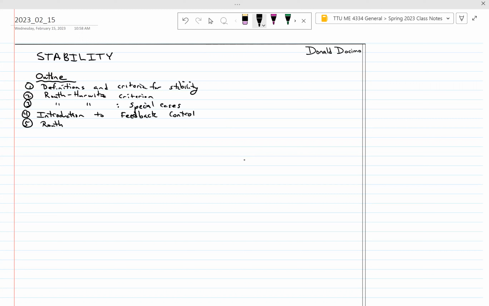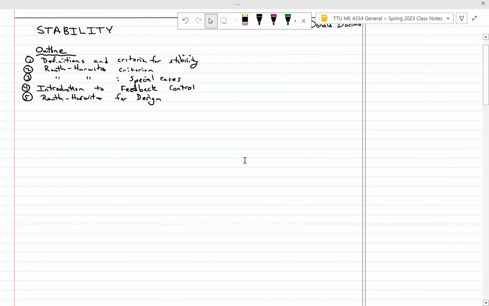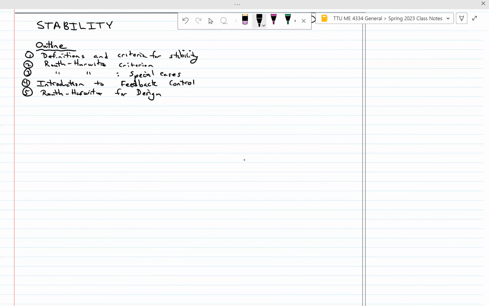And then we're going to see how the Routh-Hurwitz criterion can be used for controller design. So today, maybe we can make this a shorter class. We'll see. Let's first start by talking about our definitions and our criteria for stability.